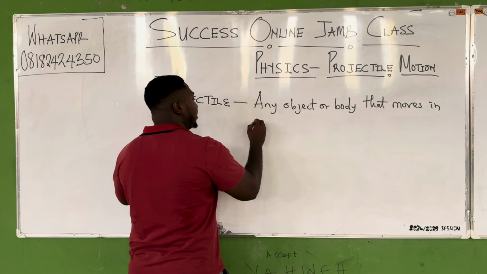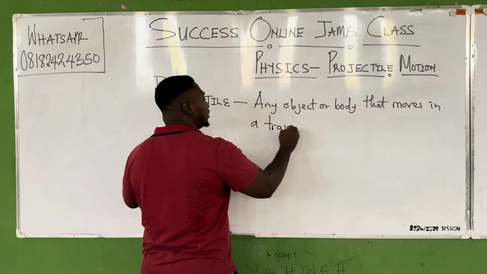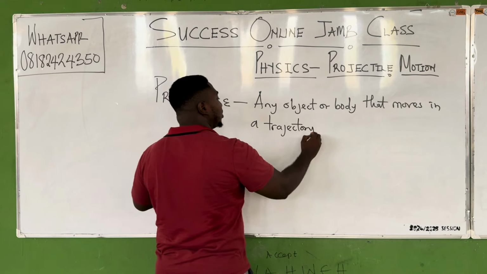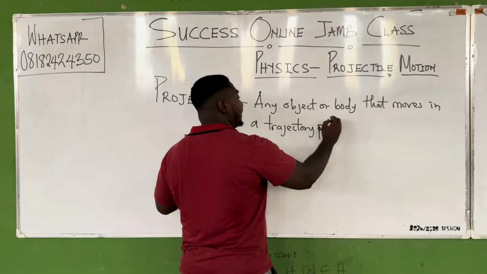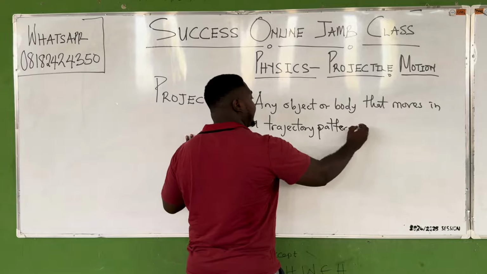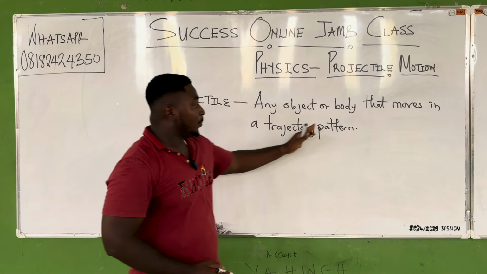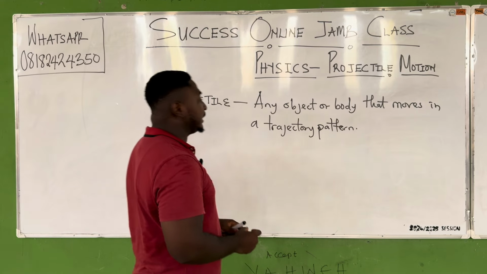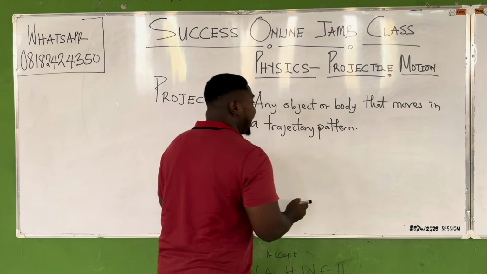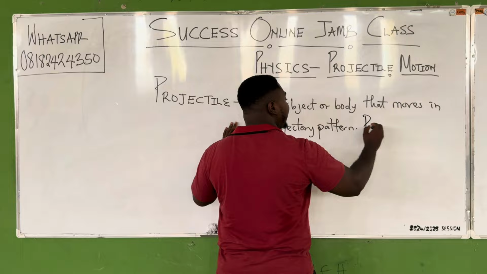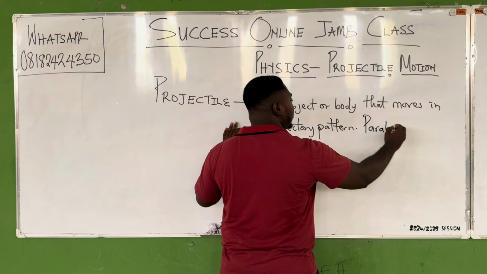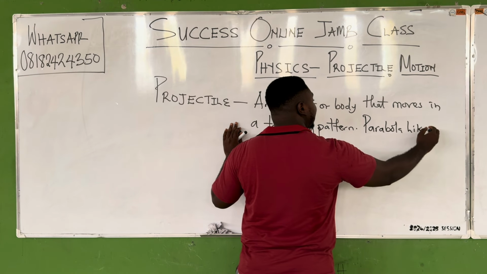A projectile is any object or body that moves in a trajectory pattern, or in a parabola-like movement. An object that has a parabola-like movement is said to be a projectile.